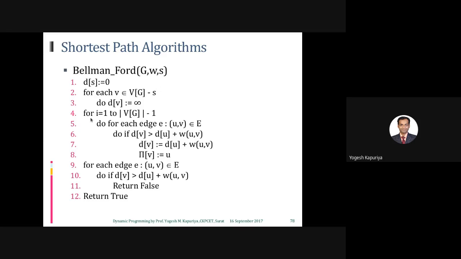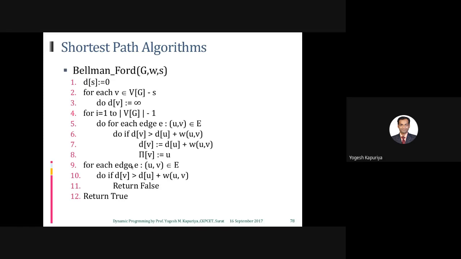Then you have a for loop V minus 1 times. So let's say this for loop runs V times. Again inside each V, you have another for loop, right? Which is repeating how many times? E times. So V and E. So for line numbers 4, 5, 6, 7, 8, the time complexity is about big O of VE.